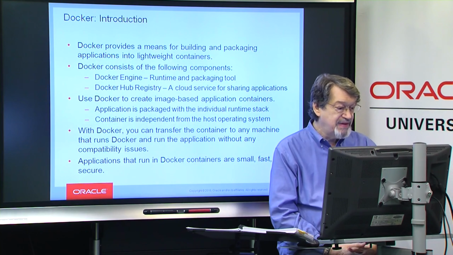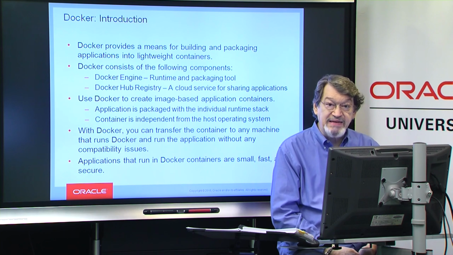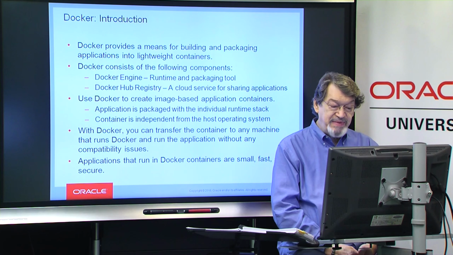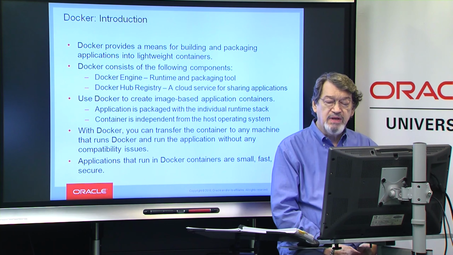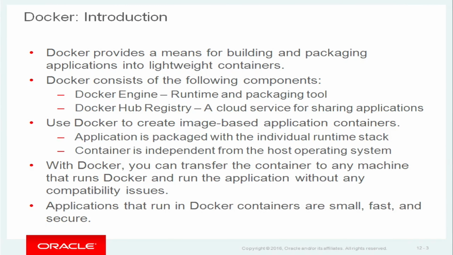First bullet, Docker provides a means of building and packaging applications into lightweight containers. Now what that means is, if we used Linux containers, they've got a bigger footprint. They have more files. If we move up, we got these lightweight containers from Docker.